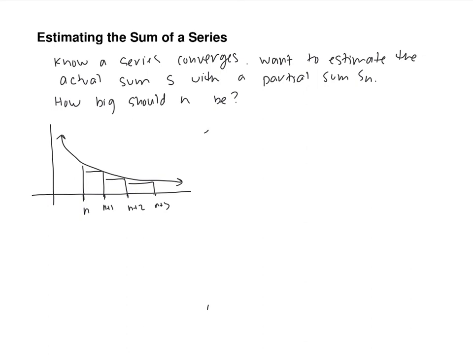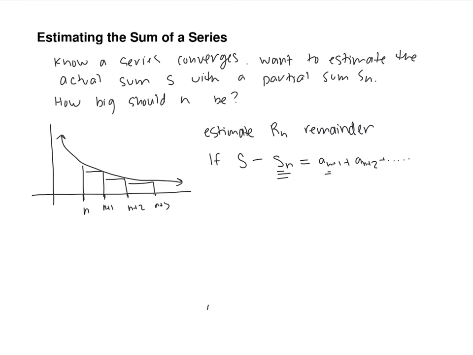What we want to do is estimate Rn, which is the remainder, or what we've left off. If you take the sum S, which is the actual total sum, and you subtract off the first n things, that will give you a_{n+1} plus a_{n+2} up to all the rest of those terms. So if you took off the first n things, you start adding from n plus 1 up to infinity.